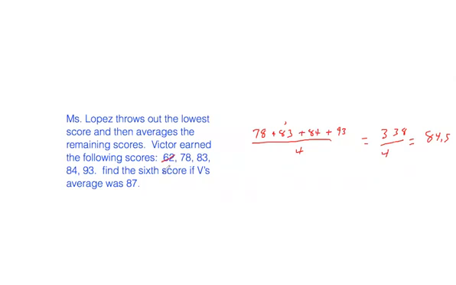Now, we're assuming that the 6th score is not the low score, so I'm going to have 78 plus 83 plus 84 plus 93 plus something I don't know, and I divide that by 5, and I get 87.